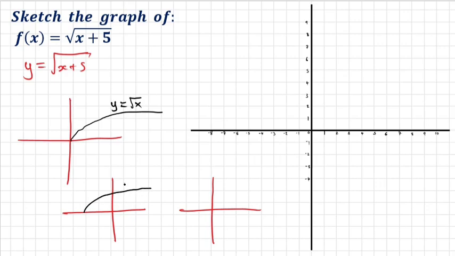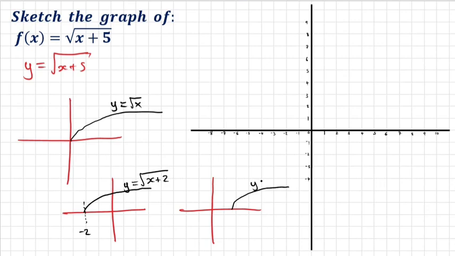This means the graph is y = √(x + 2), so it is now starting at negative 2 here. As long as you have a positive inside, the graph is shifted to the left. But if you have a negative, the graph will be shifted to the right.